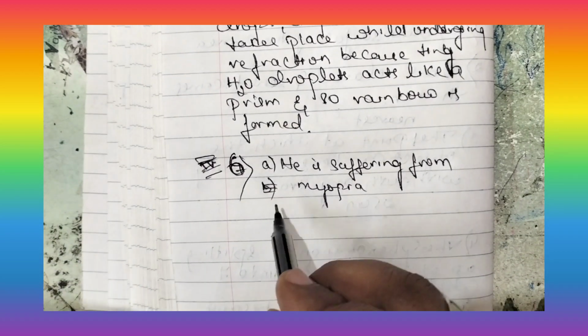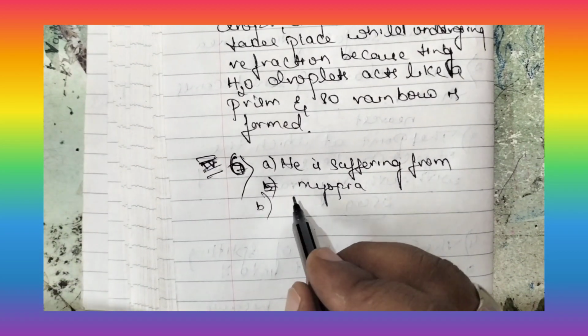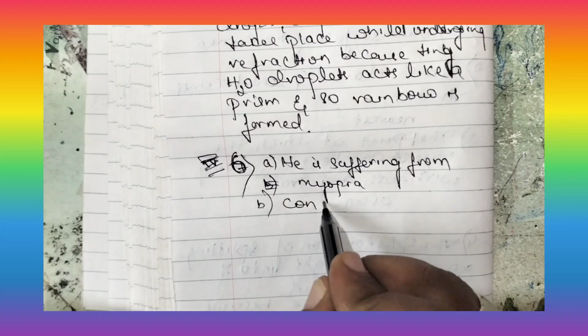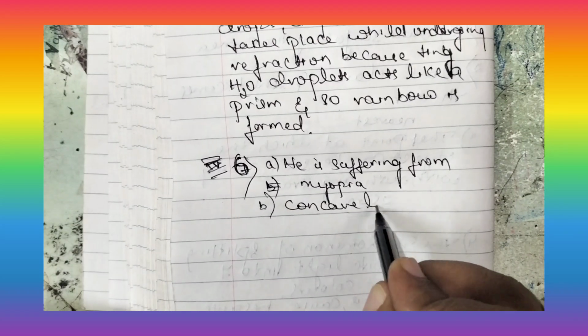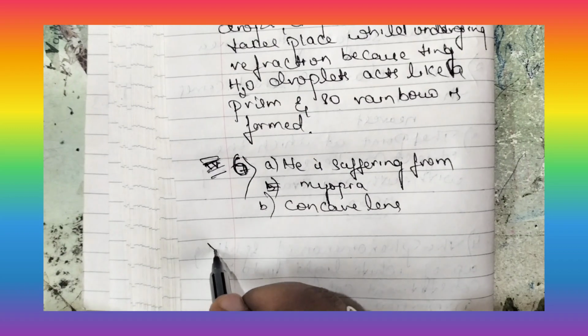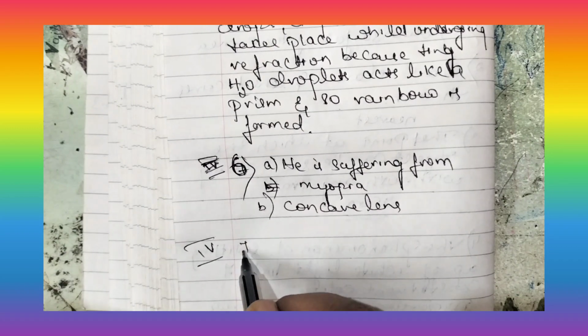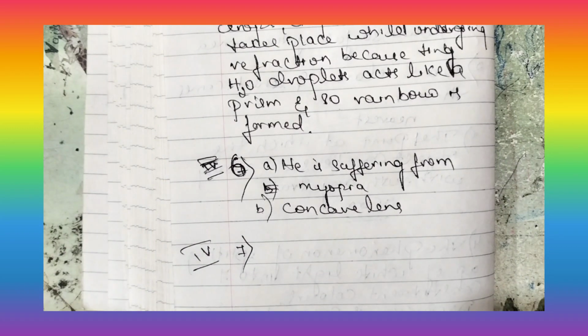Then second question, name the type of lens. So for this one, we are using concave lens. By using concave lens, this defect can be corrected.